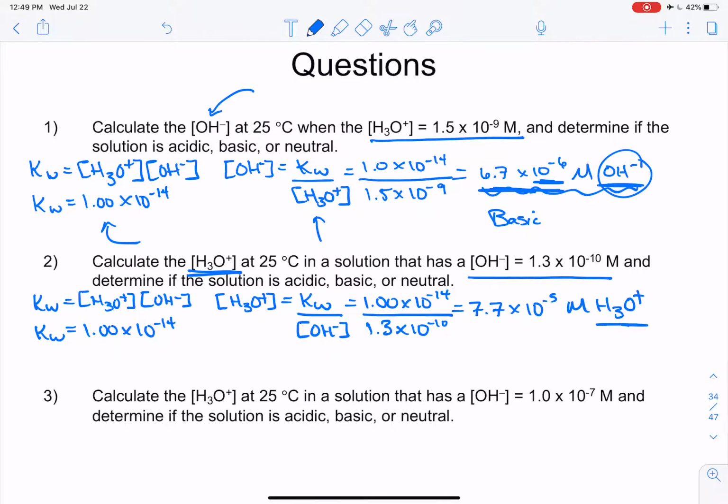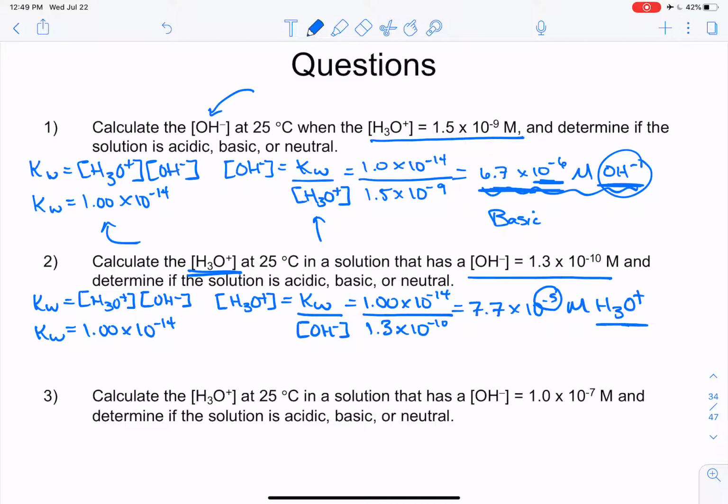Okay, so in this problem, we're looking at a concentration of hydronium, which is different from the previous problem where we were looking at a concentration of hydroxide. So we have a concentration of hydronium, which is acid, that's 10 to the negative 5. And remember, if you have a concentration of hydronium that's about 10 to the negative 7, that means your solution is going to be what? Neutral. Now 10 to the negative 5, is that bigger or smaller than 10 to the negative 7?